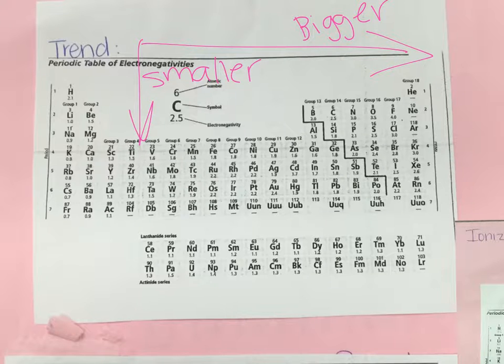So why does fluorine have this huge, oh, I'm sorry, let me tell you what electronegativity is. Electronegativity is how they bond with each other. I put it on the same page as electron affinity. The way I usually describe electron affinity is a love of electrons, how much they want those electrons.